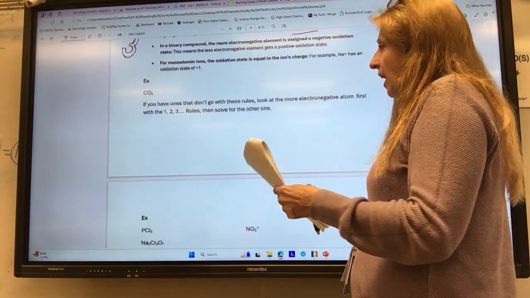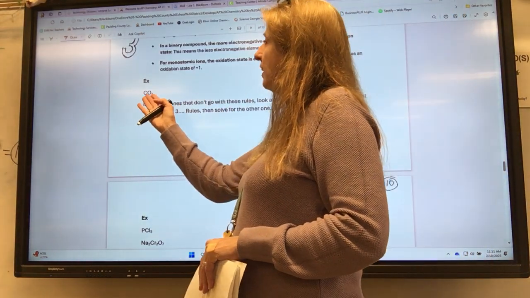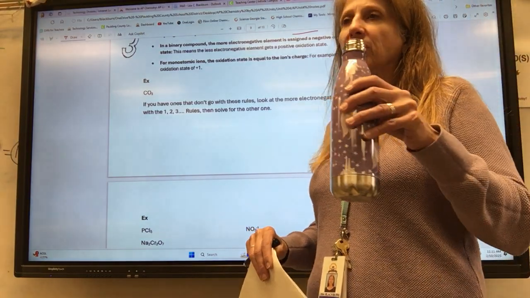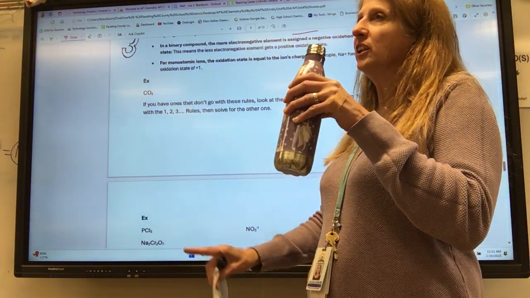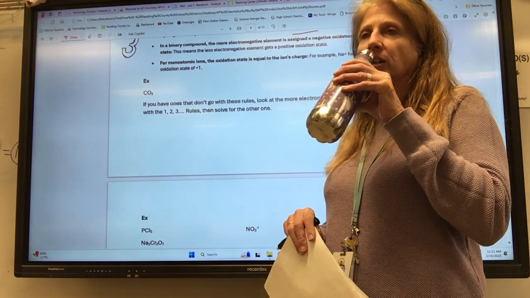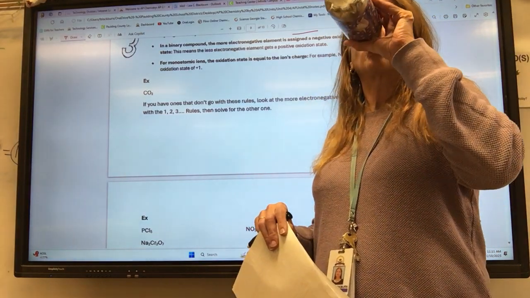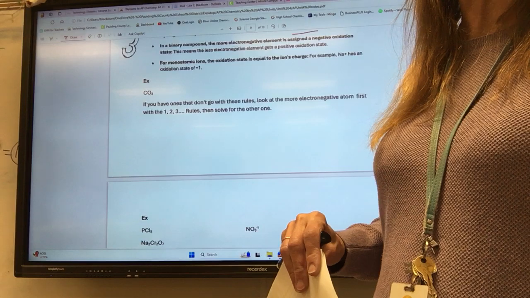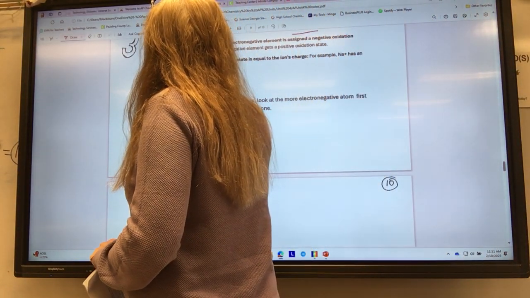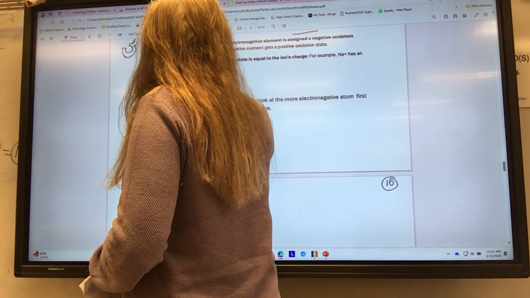We're here. Okay, so carbon is in the skip column, right? So today we're not going to skip. Oxygen is what we know. According to 1, 2, 3, skip, what is the charge of oxygen? -2, okay? And we have 2 of them. So it is -2, and we have 2 of them.